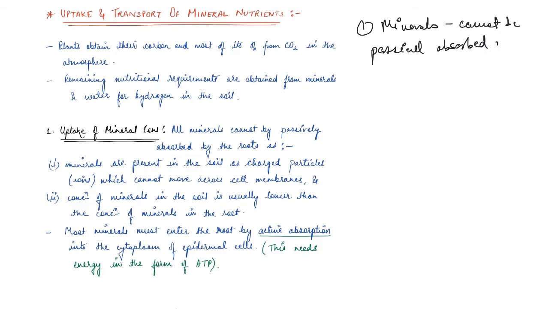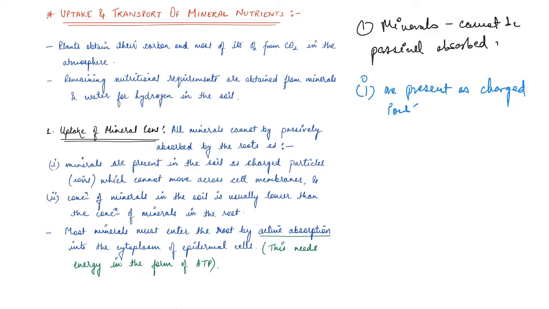So the reasons behind the statement that minerals cannot be passively absorbed by the roots are, first, that these minerals are present as charged ions, and these charged ions cannot move across the cell membrane. The other reason is that the concentration of minerals in soil is usually lower.